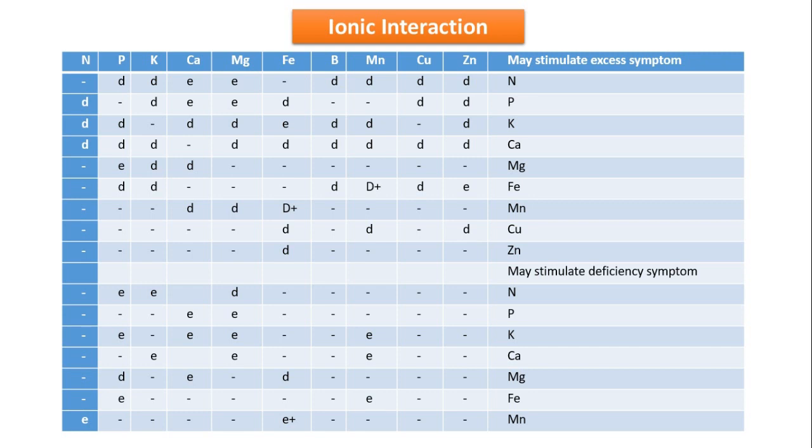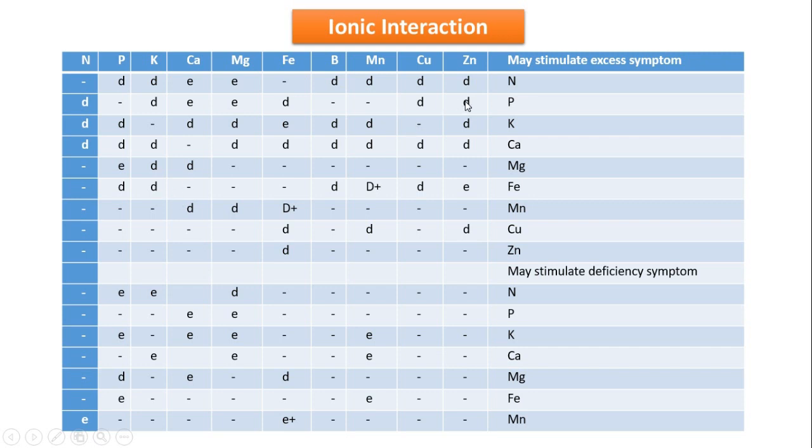This is the ionic interaction of the different elements. The ions, for example sodium, nitrogen, phosphorus, potassium, calcium, magnesium, iron, boron, manganese, copper, zinc, may stimulate excess symptoms or deficiency symptoms due to the presence of other elements.